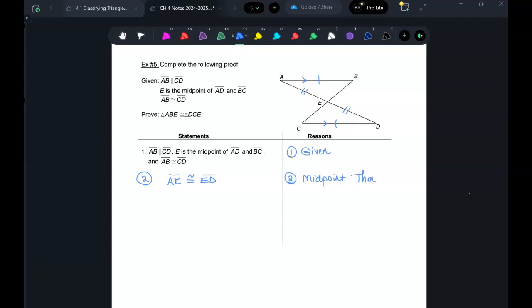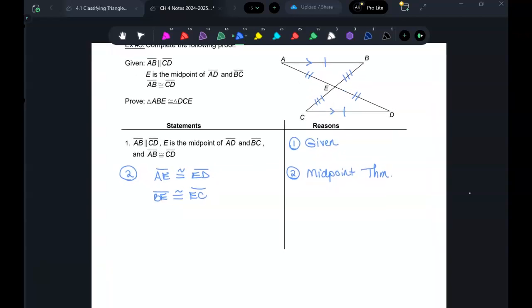It's also the midpoint of BC, which is why BE is congruent to EC. We could do that all in one step. So E is the midpoint of both of those segments. So we have all three sides. Now we want to do the three angles. I don't have any angles marked congruent yet.